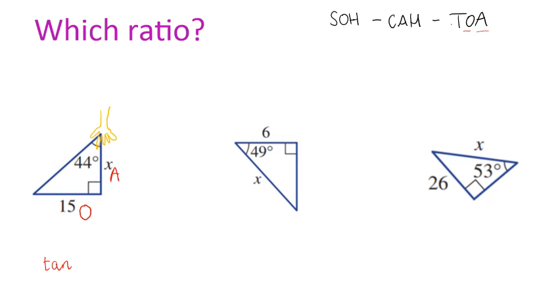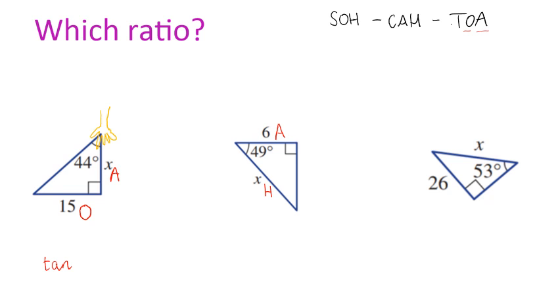Alright, our next triangle, I'm going to label the sides with information. So I can see that this is the hypotenuse. And if I put my hand on the angle, I'll never touch the opposite side. So the opposite side doesn't have any information on it. So that must mean this here is the adjacent side.